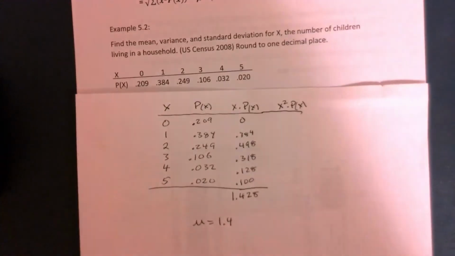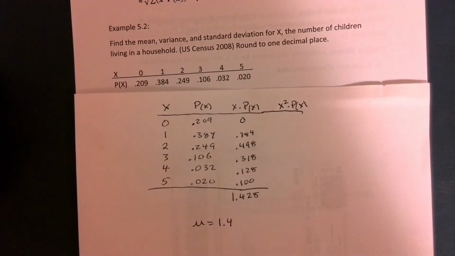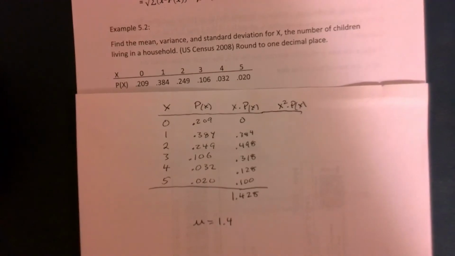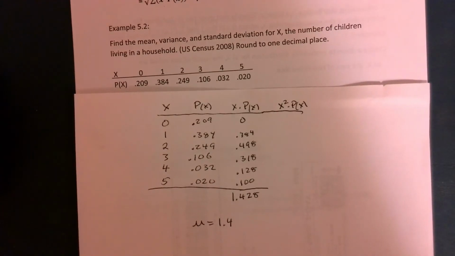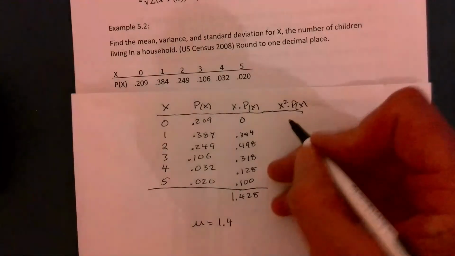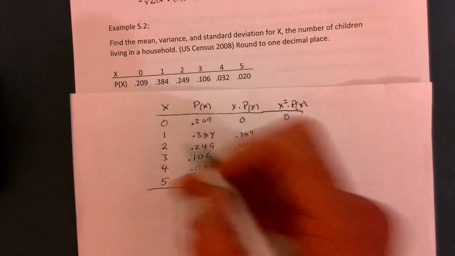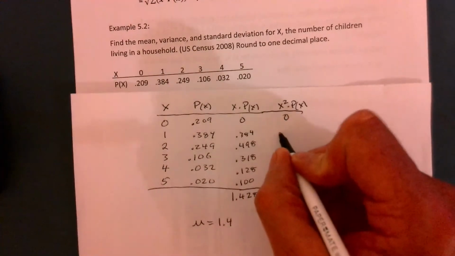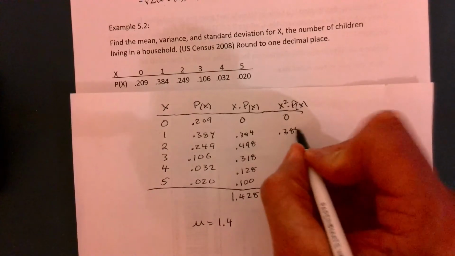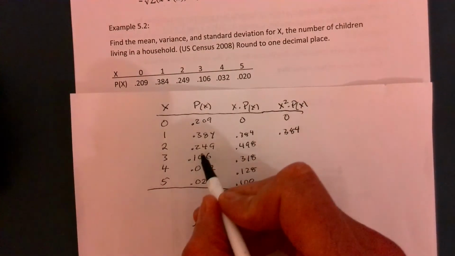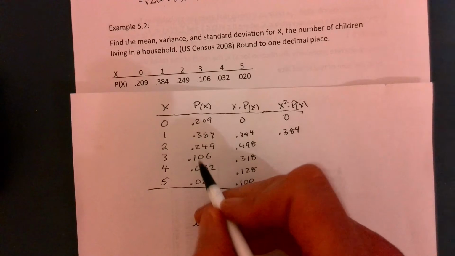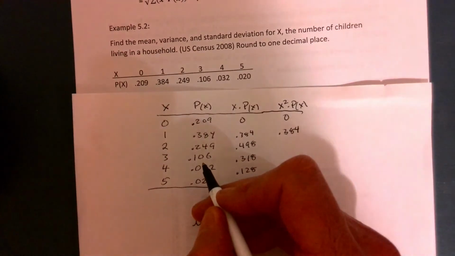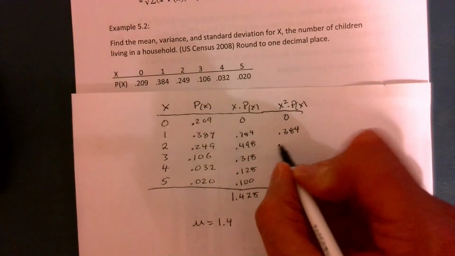Okay, so let's do that. We will get 0, and we get 1 squared times 0.384, which will be 0.384. 2 squared is 4 times 0.249. That will be 0.996.